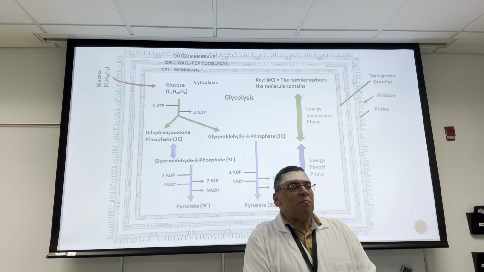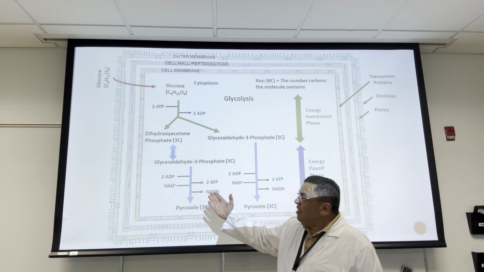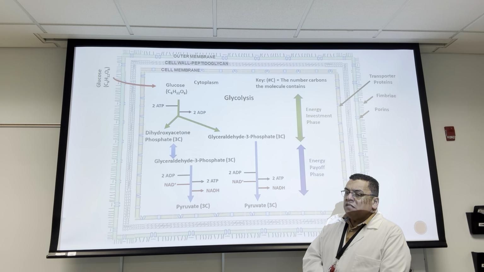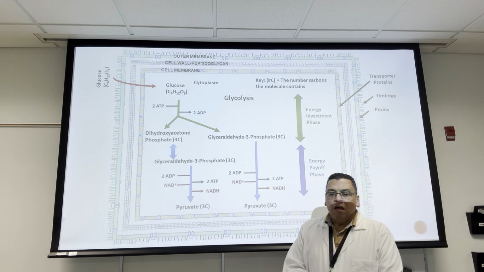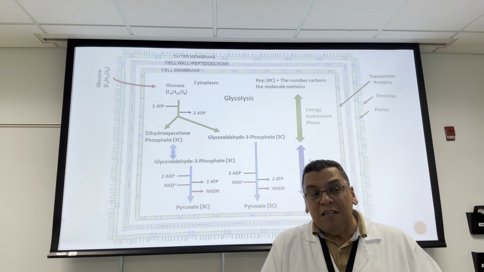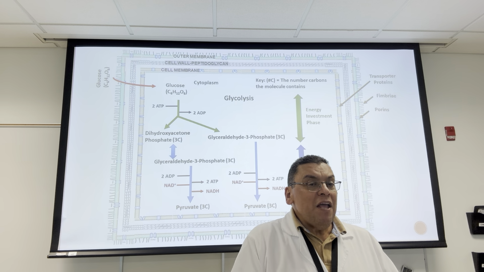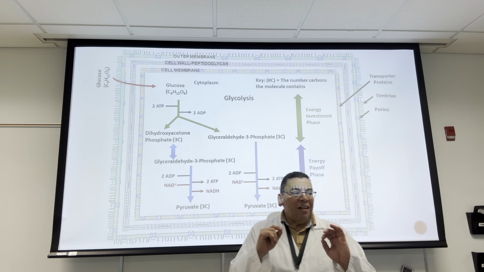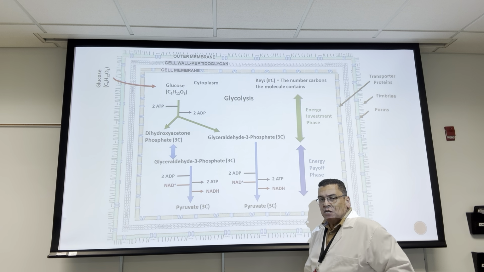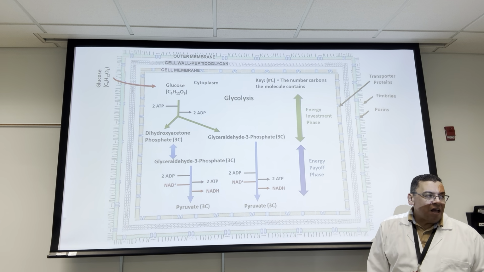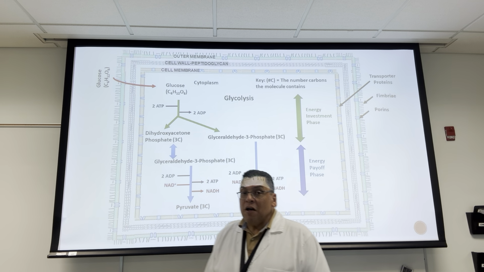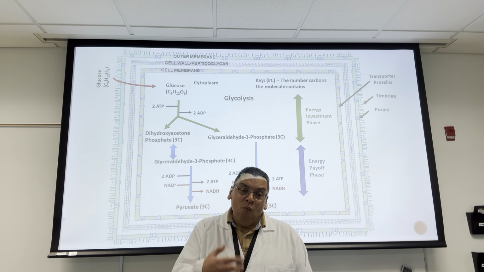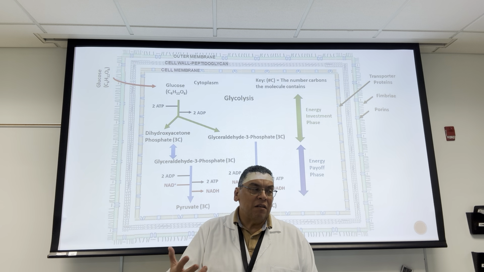2 ATPs are made for this, and 2 ATPs are made for this one. Those 4 ATPs are made by substrate level phosphorylation. We talked about that the last time we were together. Substrate level phosphorylation is the simple way of making ATP.